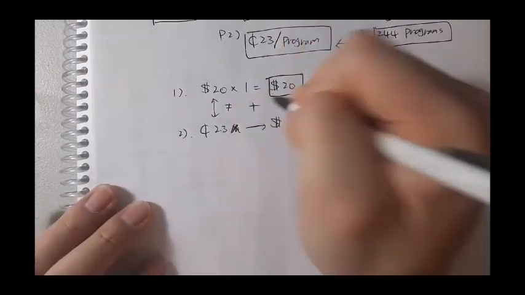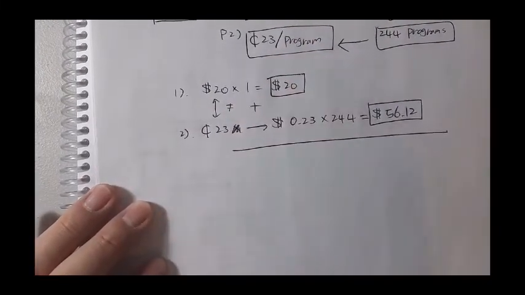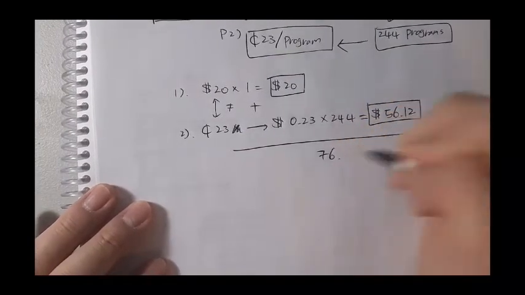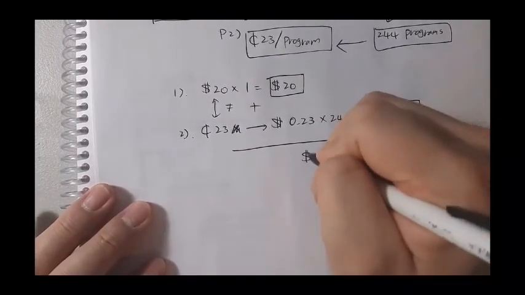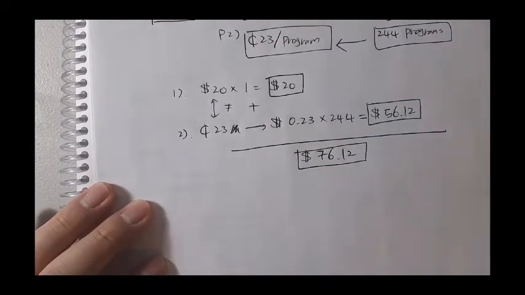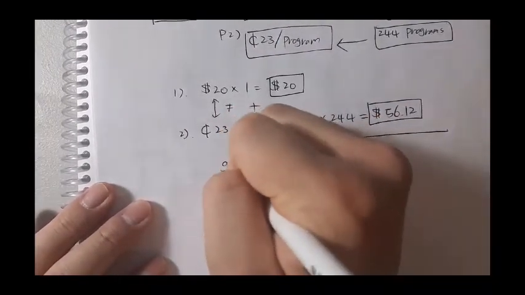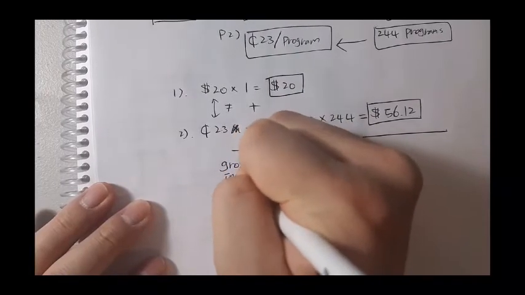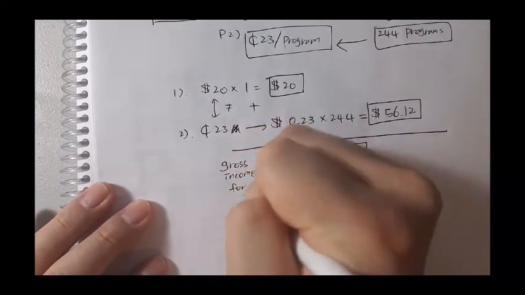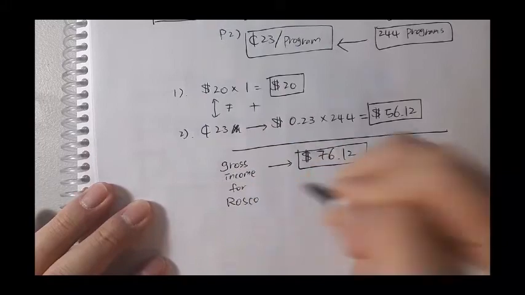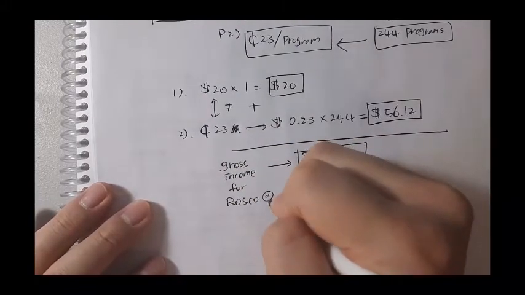And we're basically adding those two. So it is $76.12. And that is how much gross income for Roscoe at that game.